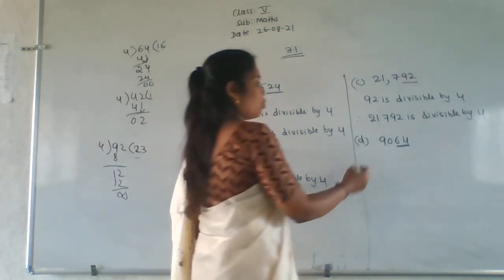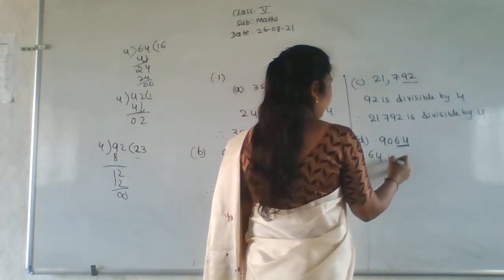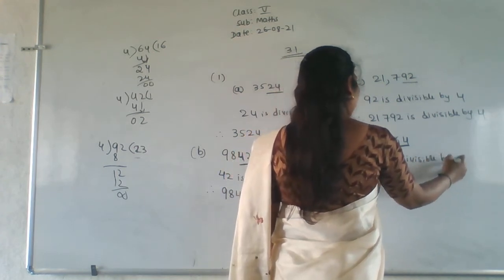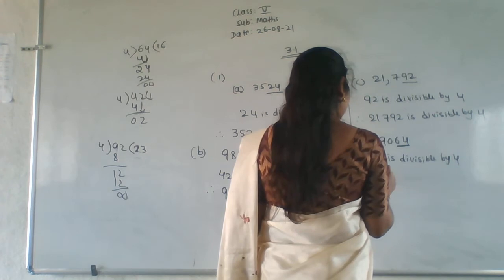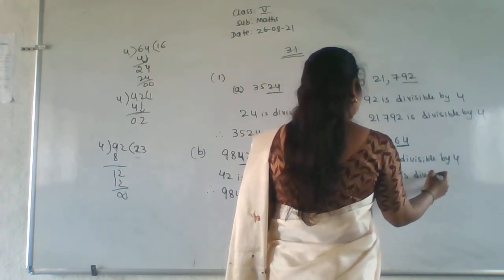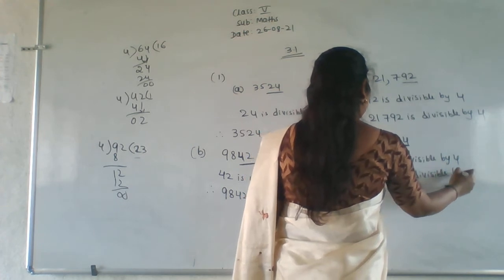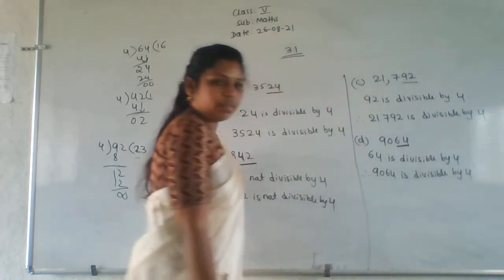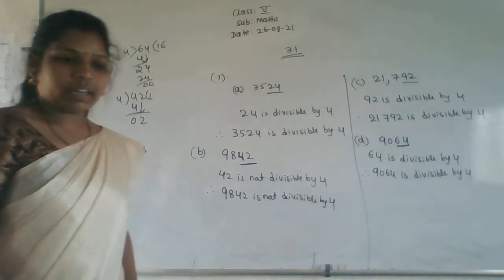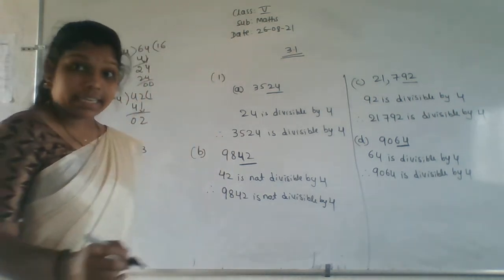Here 64 is divisible by 4. Therefore, 9064 is divisible by 4. Understanding what I am doing here? Hope everyone is understanding. Next, the last one is E1.